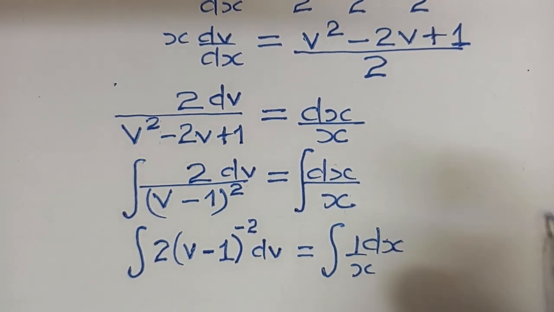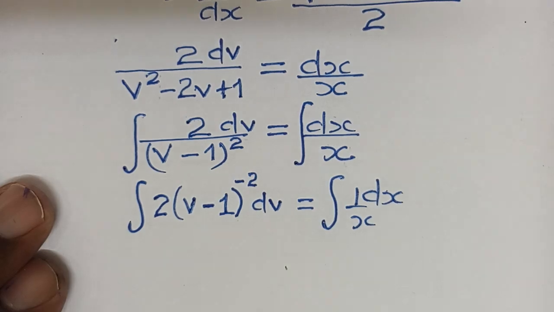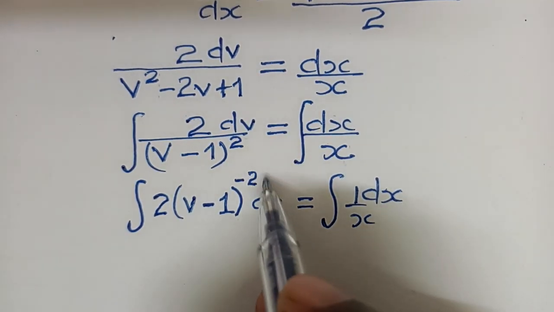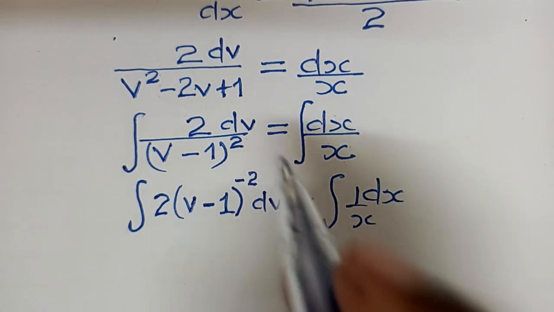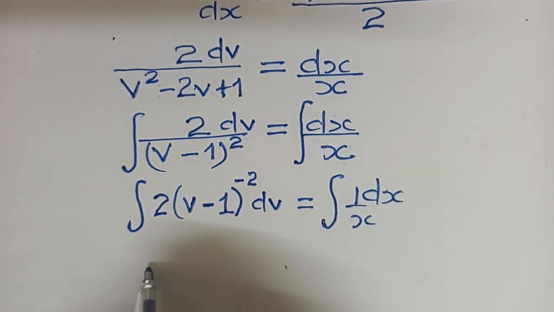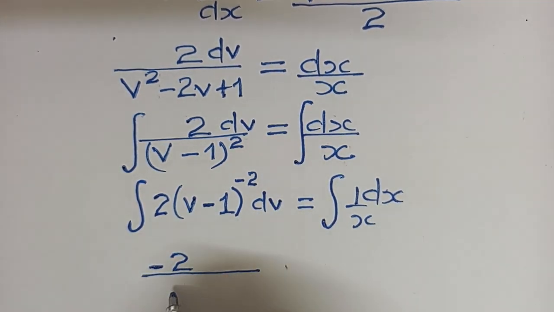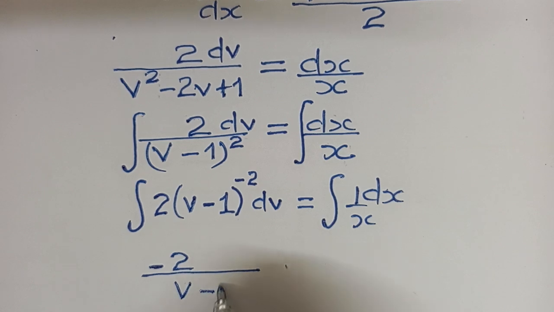Guys, now integrating this side, negative 2 plus 1 gives us negative 1. So we shall have negative 2 over v minus 1 raised to negative 1, which is the same as v minus 1 raised to 1 when it is down here.